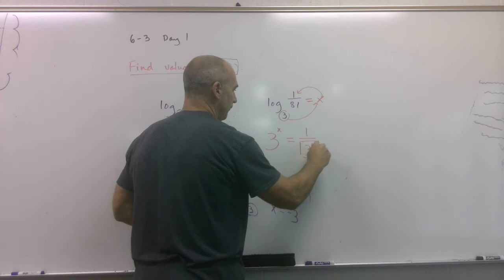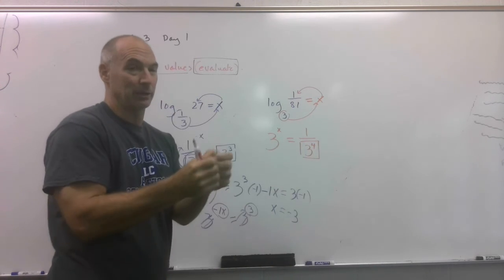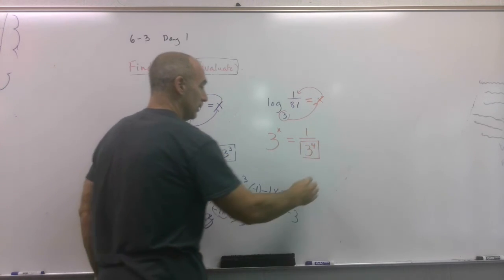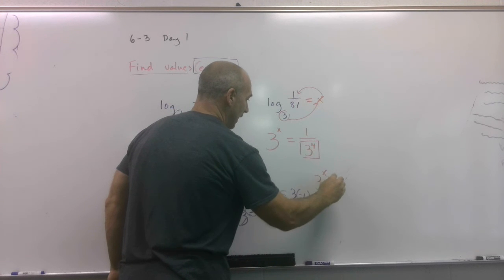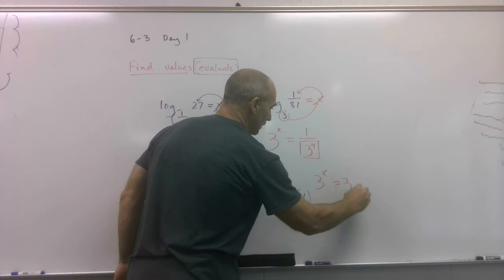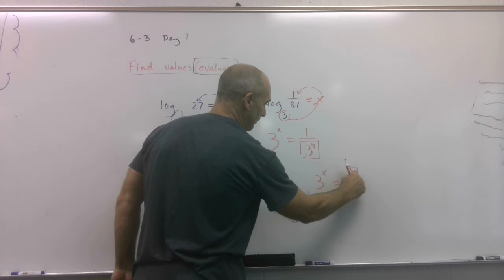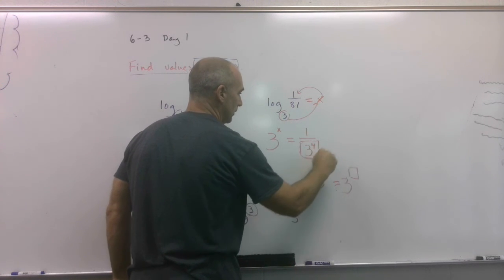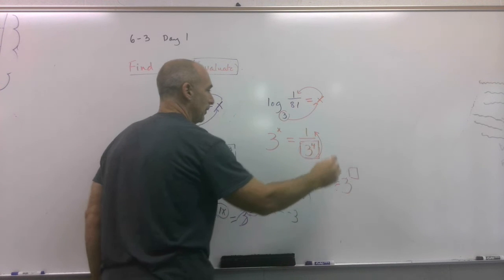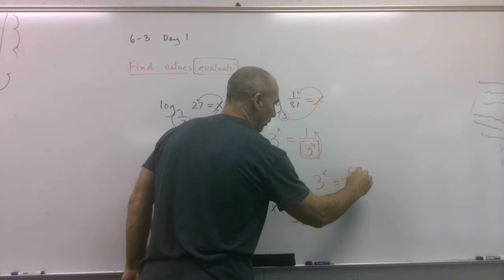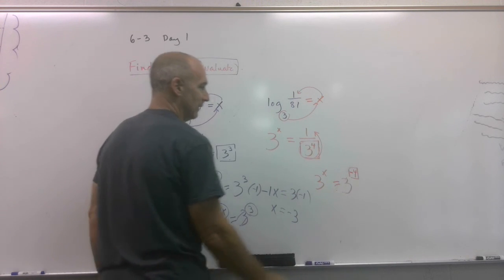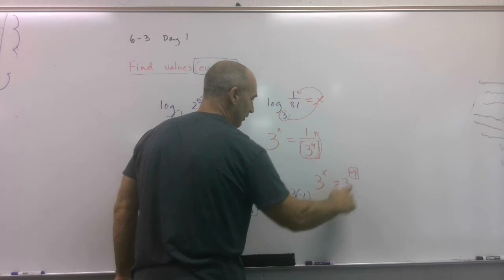So 3 to the 4th is 81. You can check it on your calculator if you don't believe me. But I got 3 to the x equals, I want 3 to some power, and then I can say x equals whatever's in that box. If I bring this positive exponent up, it's going to make that 4 negative, and then I go, x equals negative 4.